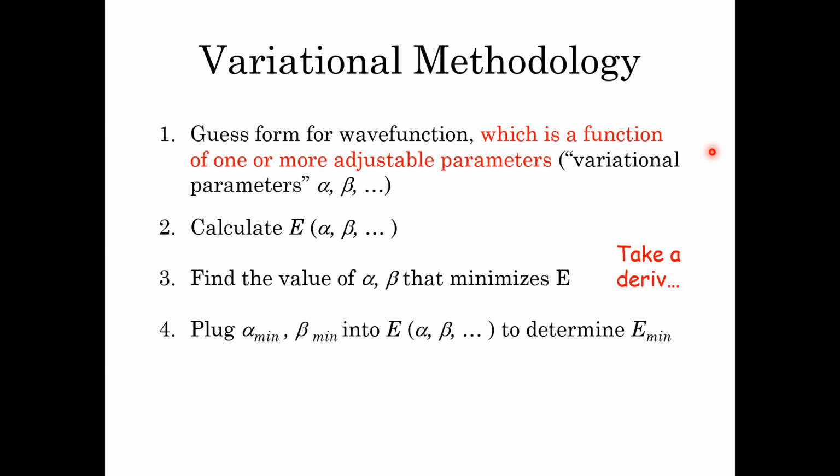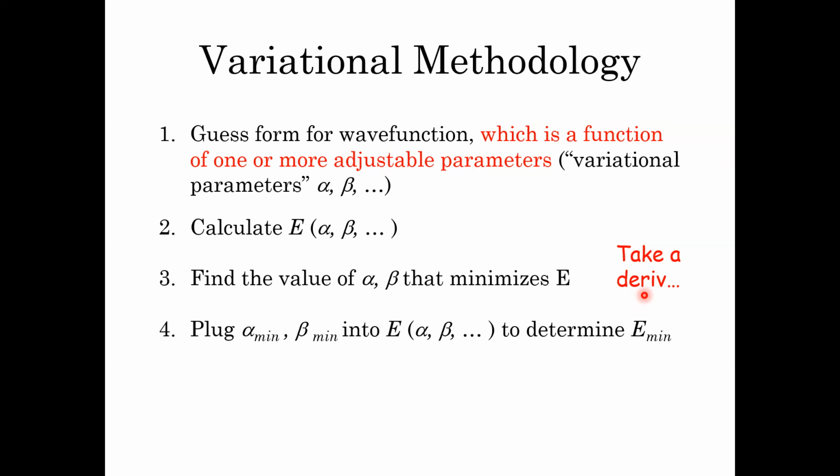Once I have the wave function, I'm going to calculate energy as a function of the adjustable parameter. So I will get an equation. E is a function of alpha, beta, whatever. Once I have that equation, I will find the value of alpha or beta that minimizes energy.